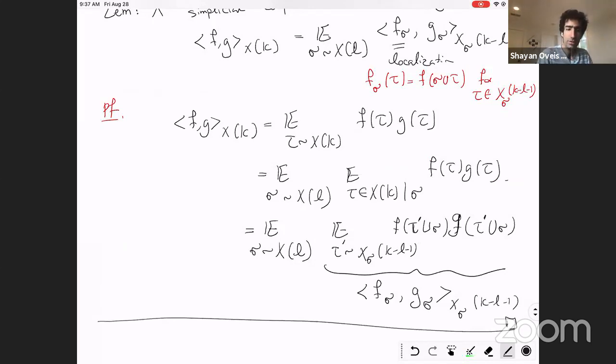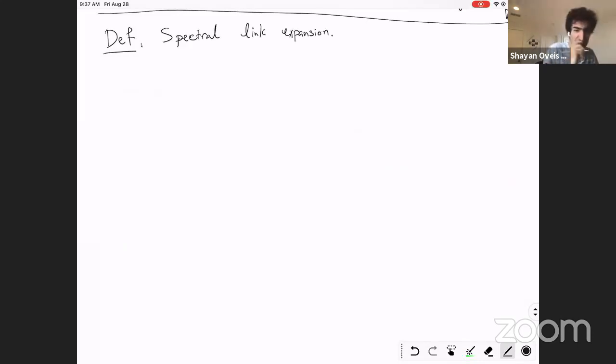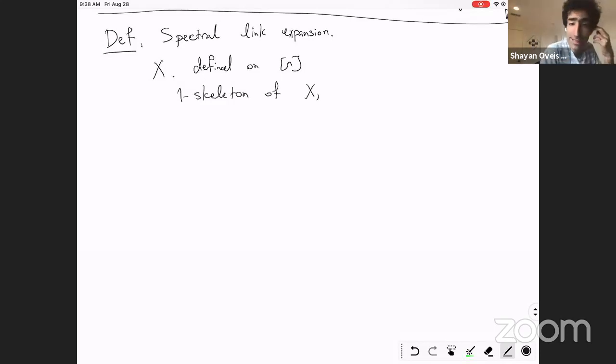Okay. So now that we know this, we can define spectral link expansion. Let's say you have a complex X defined on N. You define the one skeleton of X. What is the one skeleton of X?